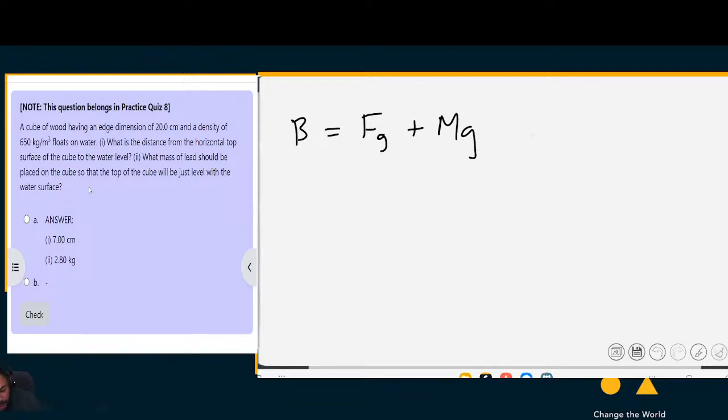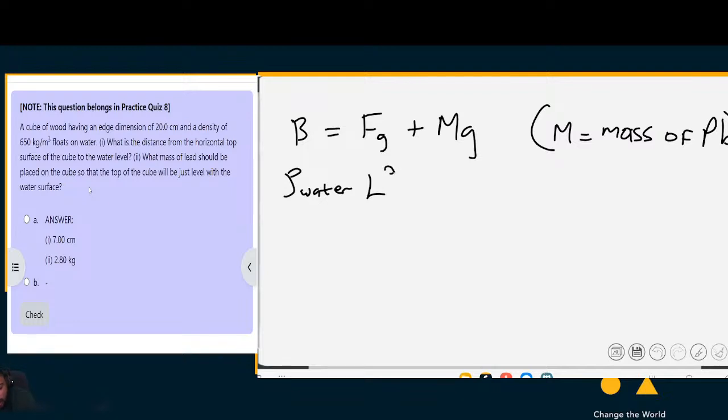And M is the mass of the lead. So the buoyant force is just the density of the water times the volume of the water displaced.